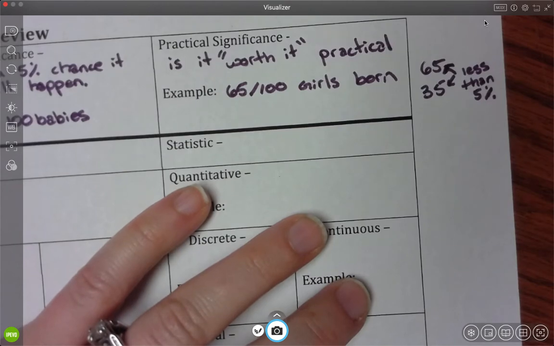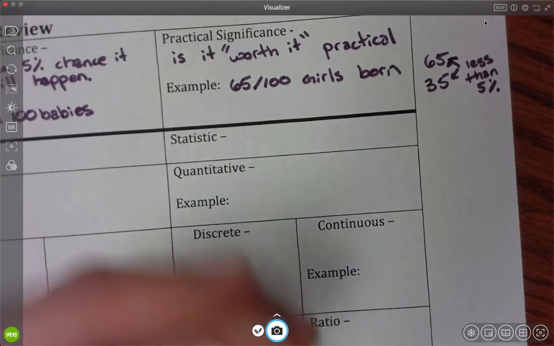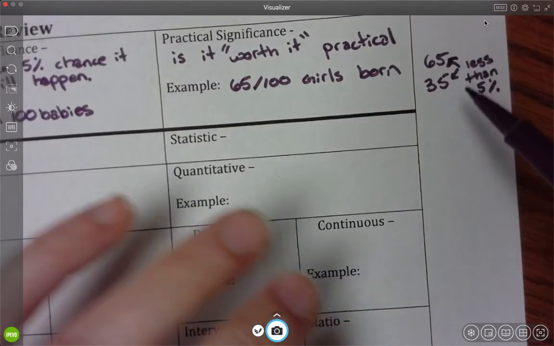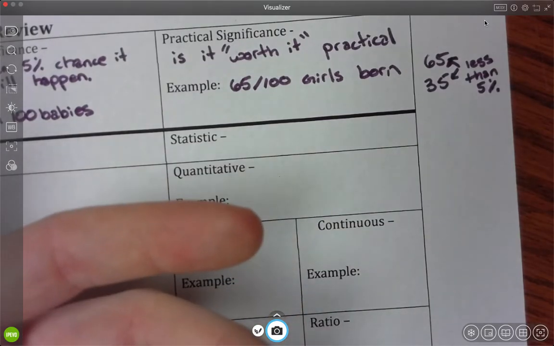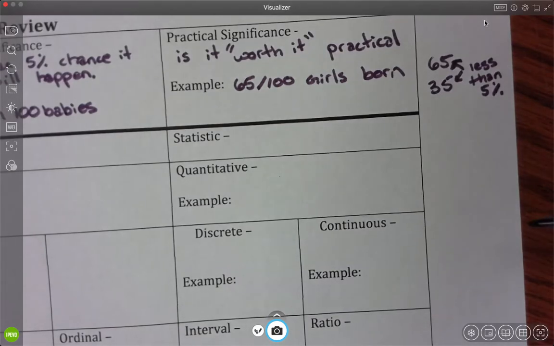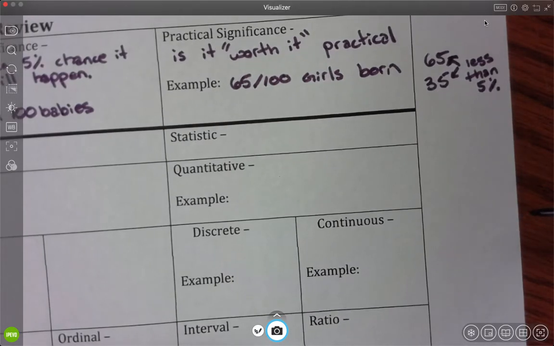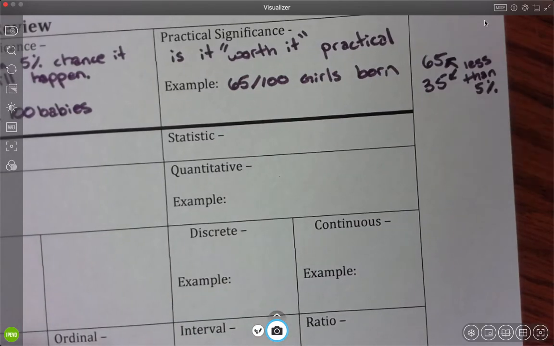Less than 5% chance of that happening by chance. If they said that and gave me that split, I'm probably going to be like, well, how much does this thing cost? If this pill is going to cost me $1,000 or a couple $1,000, it really isn't going to be a 65-35 split. There's still a pretty large chance that I'm going to have a girl.